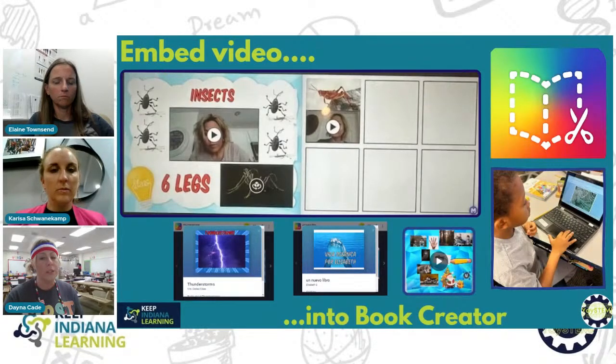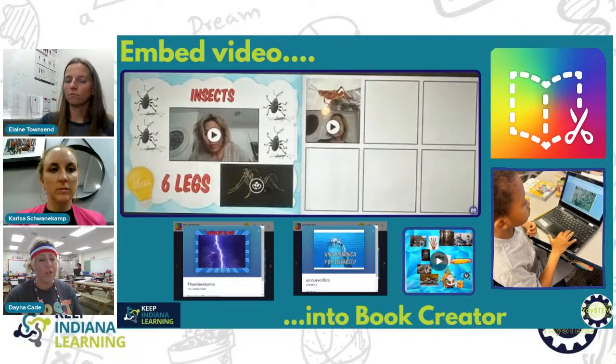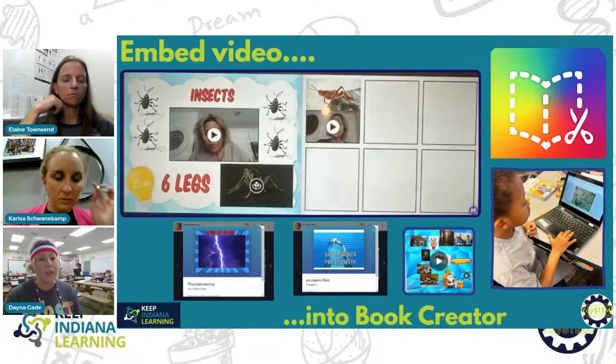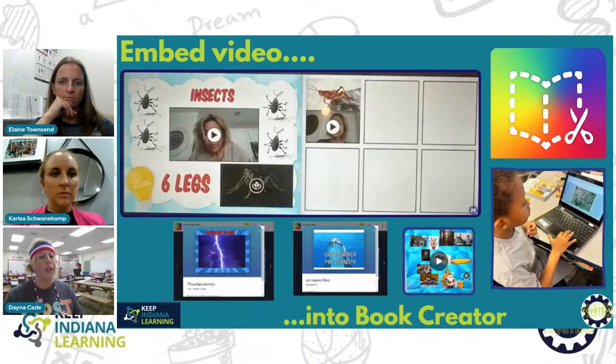One of the tools that we've even brought to one of our streams before is Book Creator. And it's one that all 3 of us, I know, use quite a bit. And so we kind of started thinking, okay, how can we pivot and use Book Creator in this fashion?